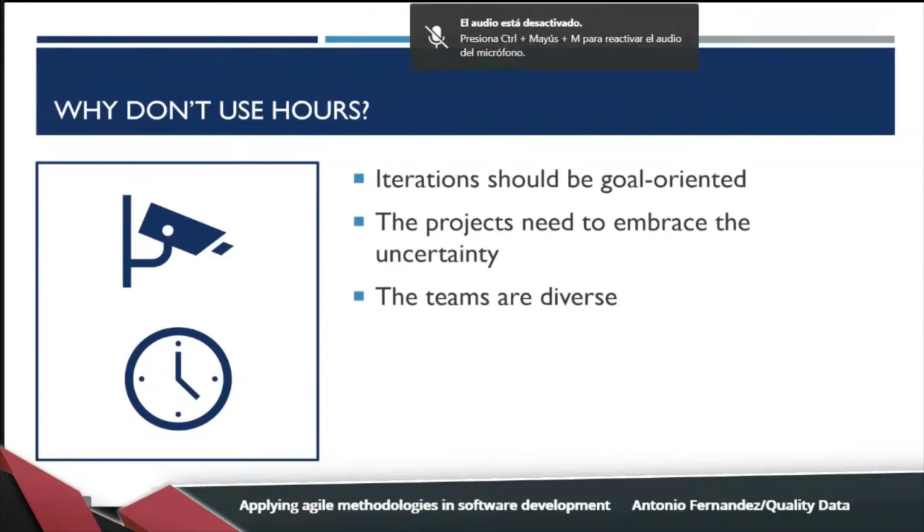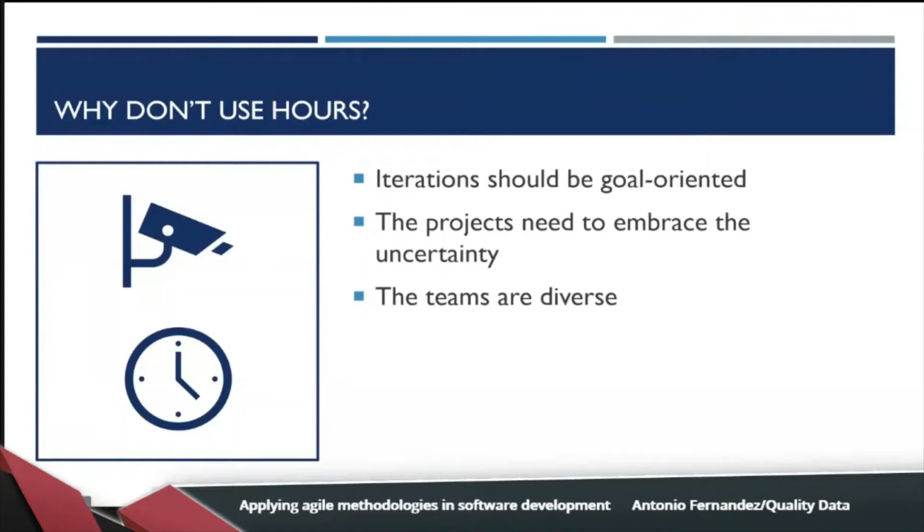But what happens if the same user story is developed by a junior developer? Maybe he needs 2 days to complete the same work. And it's completely normal in real life. For this reason, it's more recommendable to use this kind of metric unit.